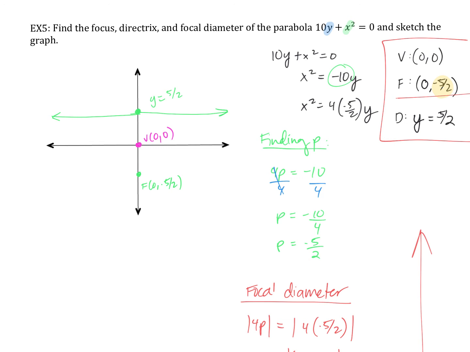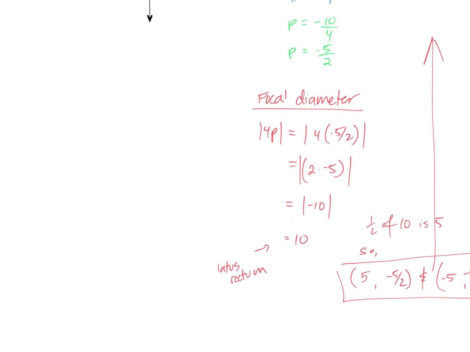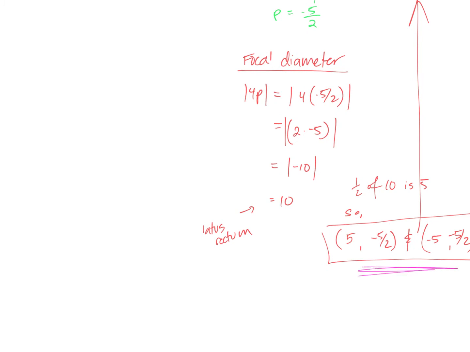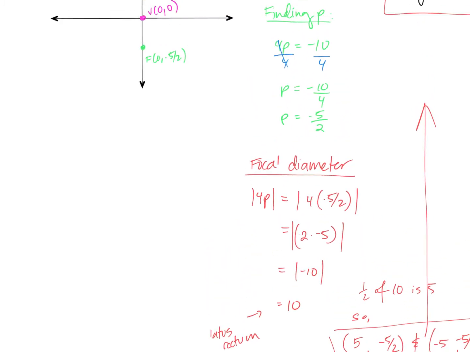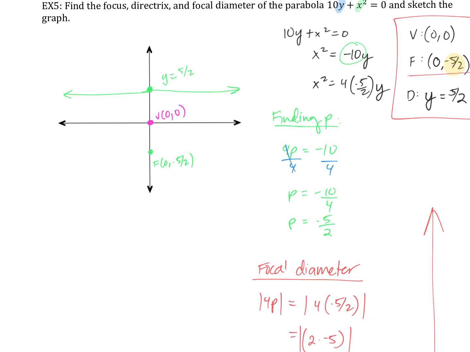Okay, and then let's see. For the 2 points that are actually on my graph, those come from when we found the focal diameter. So we have 5, negative 5 over 2, and negative 5, negative 5 over 2. All right, so let's say that this is the negative 5 and this is 5. It's not perfectly scaled, but it doesn't need to be perfectly scaled. Oh, that should have been a little higher.